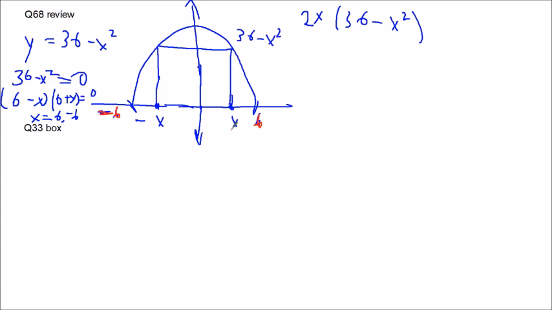But the domain of x. No, not domain of x, domain of A. This domain of A actually isn't even negative 6 to 6. It's actually just 0 to 6, because you can't have negative area. That does not make sense, right?